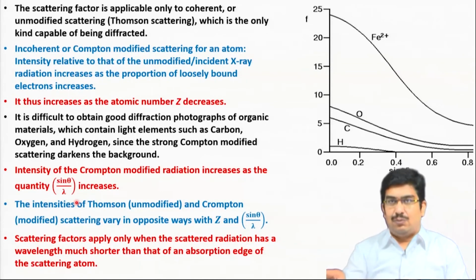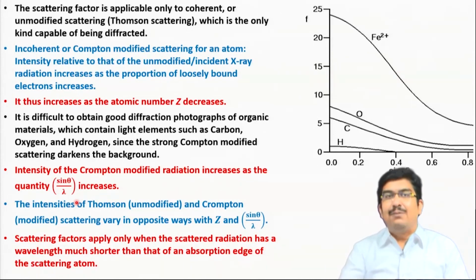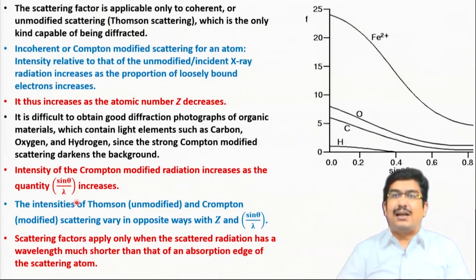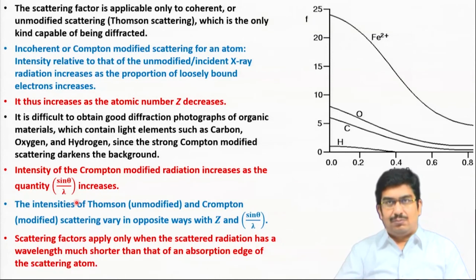So it will be able to transfer more kinetic energy, and the intensity of the scattered beam will be much more. Basically, if the wavelength of the incident electron decreases, if we use a shorter wavelength, the intensity of the Compton scattering will also increase.